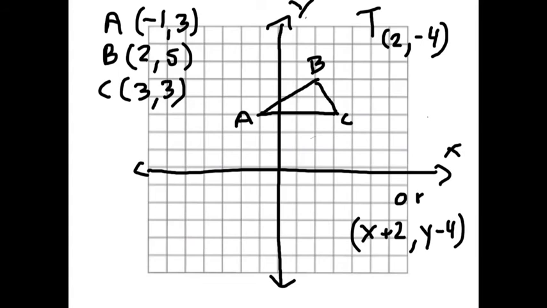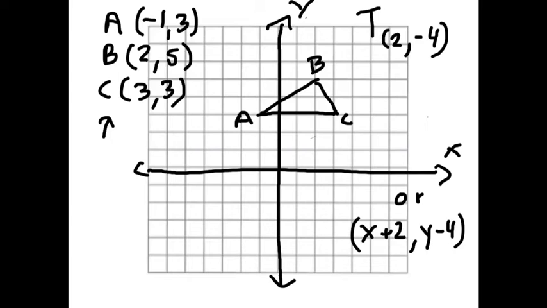So here's triangle ABC. It's on the coordinate plane. The coordinates for A, B, and C are on the left side of your screen. And we are going to translate the entire triangle 2 spaces to the right and 4 spaces down. So that means I'm adding 2 to my x value and I'm subtracting 4 from my y value.